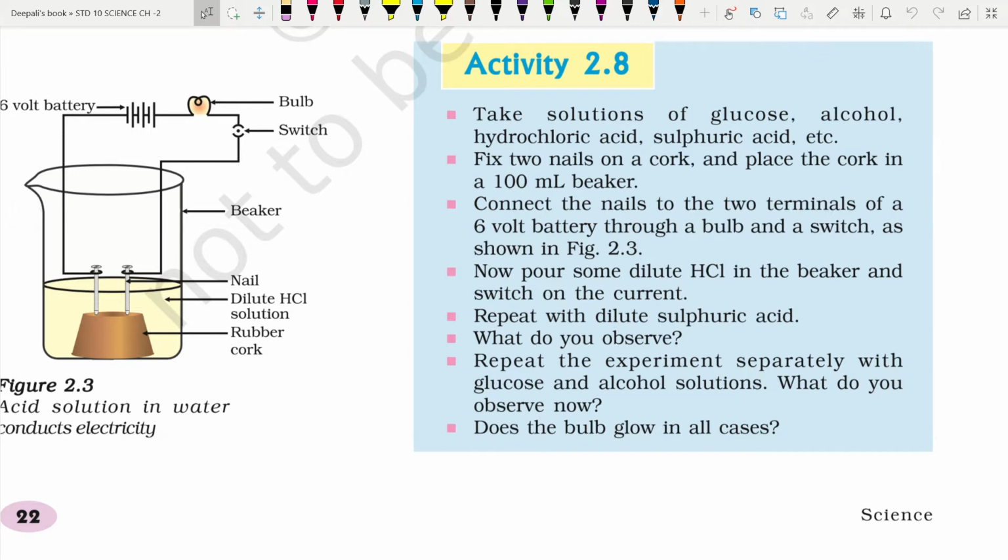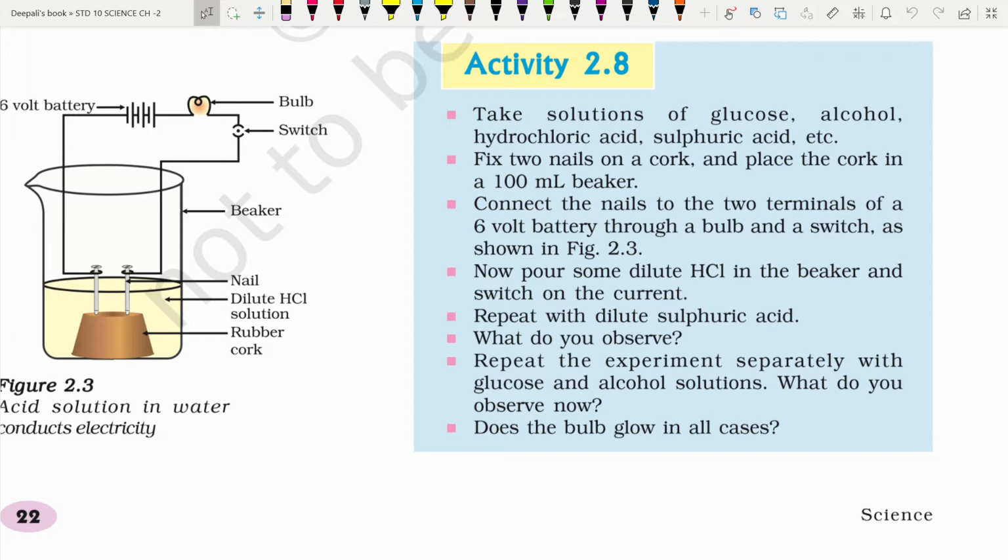We observe that the bulb does not glow for both the solutions, which indicates that electric current is not flowing through them. This experiment shows that ethanol and glucose do not ionize and do not release H+ ions, while in the solutions of acid, H+ ions are released and allow an electric current to flow through the solution.